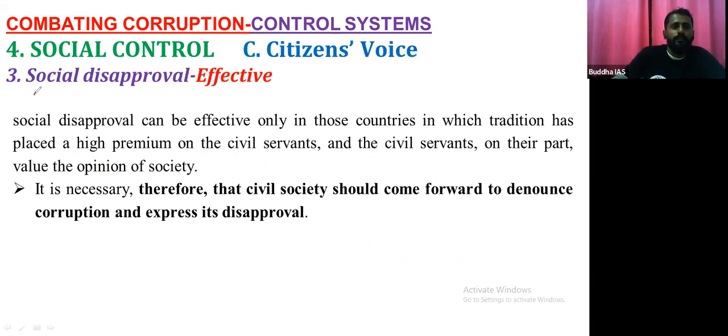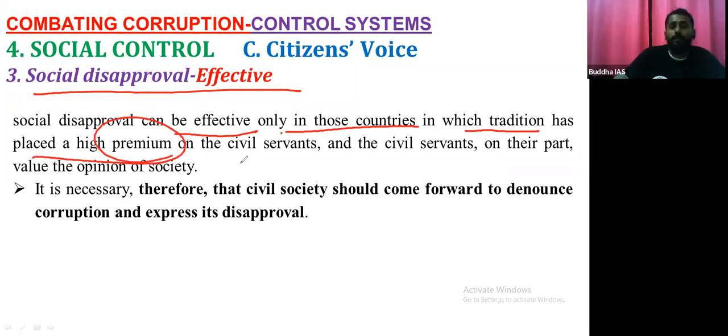Okay. Social disapproval can be effective only in those countries in which the tradition has placed high premium on civil servants and civil servants on their part value the opinion of the society.